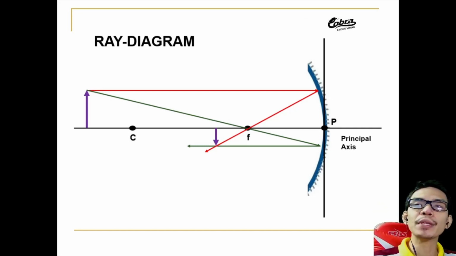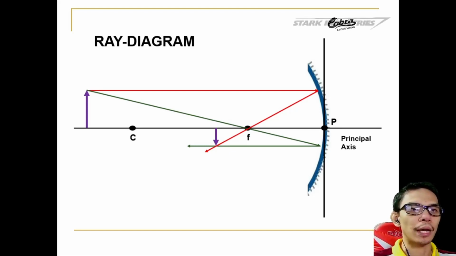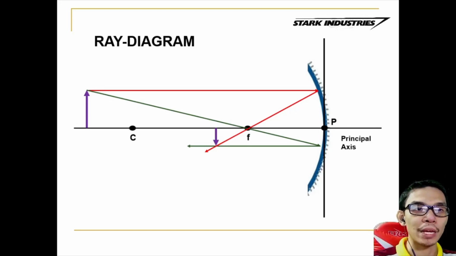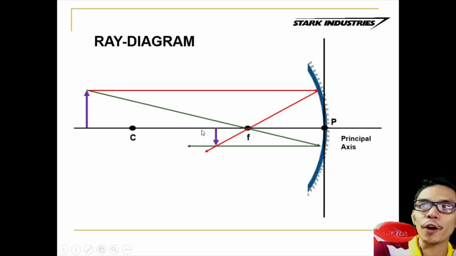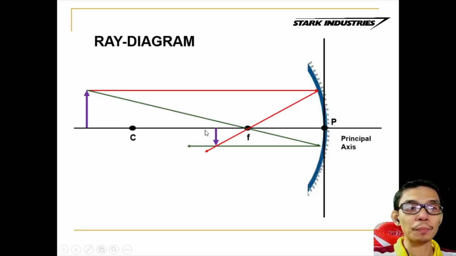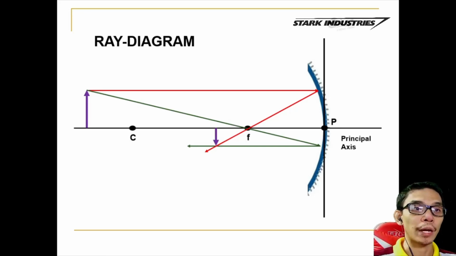The first limitation is that to make an accurate prediction of the image that will form here, you need your drawings to be precise. What do we mean by that?